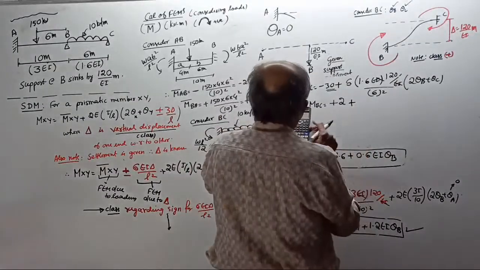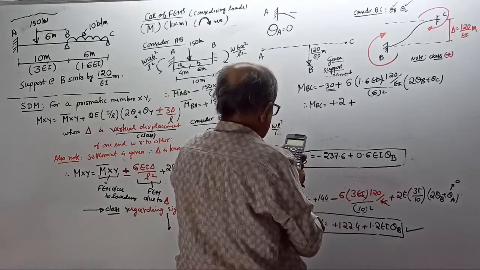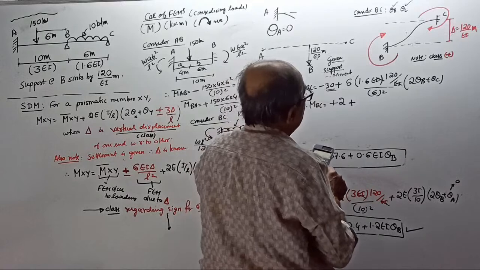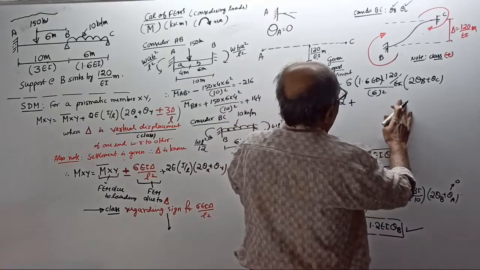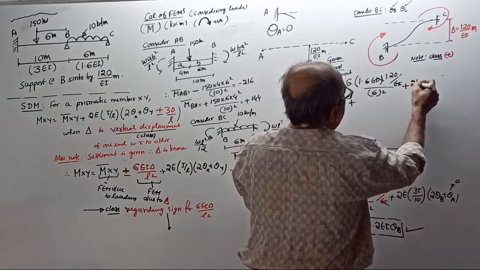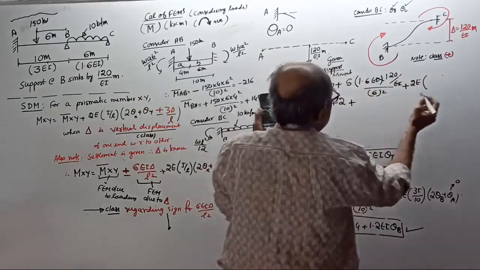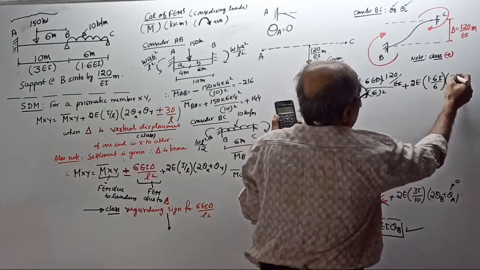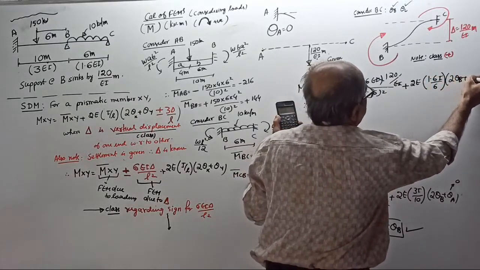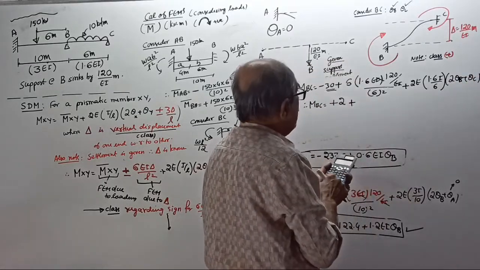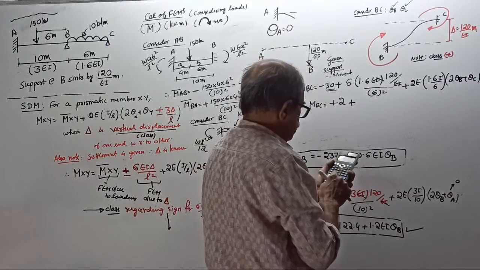Oh, sorry, I forgot right here: plus 2E into I by L, 1.6 I by 6 into 2 theta B plus theta C. So it will become plus 2 plus 2 into 1.6 divided by 6 into 2.